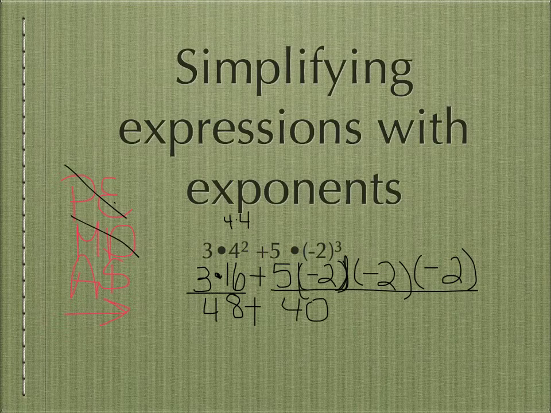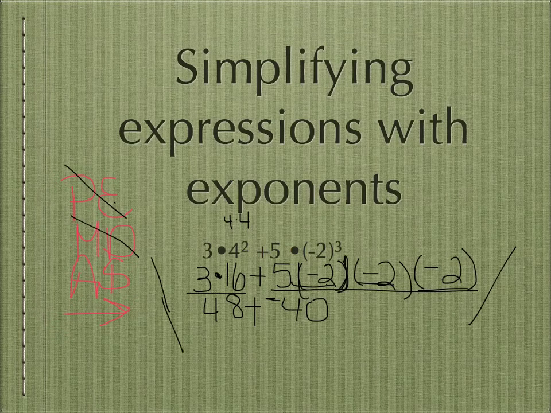A positive times a negative is a negative. Negative times a negative is a positive, and then a positive times a negative is a negative. Pause the movie now. Make sure that you have these steps so far copied for your upside down triangle. Then press play to continue.